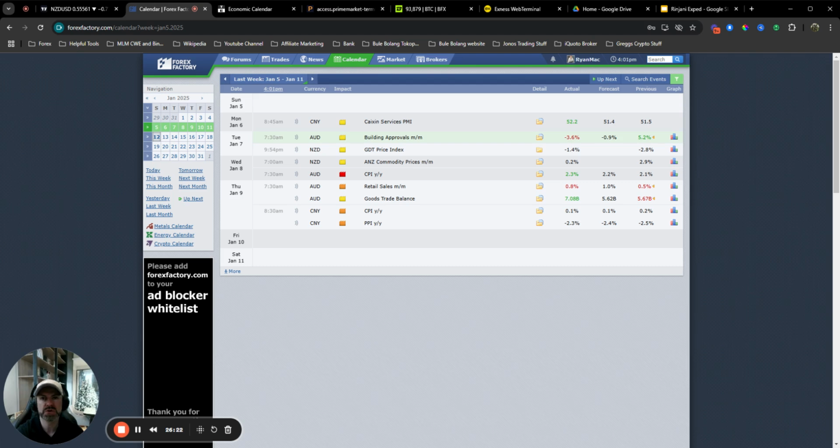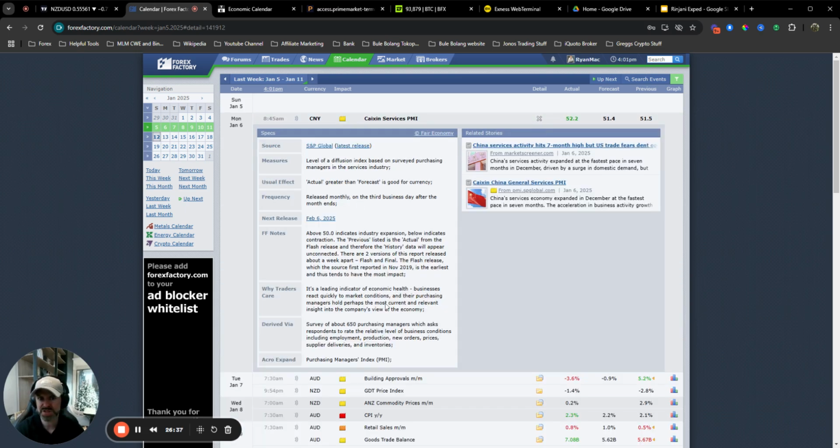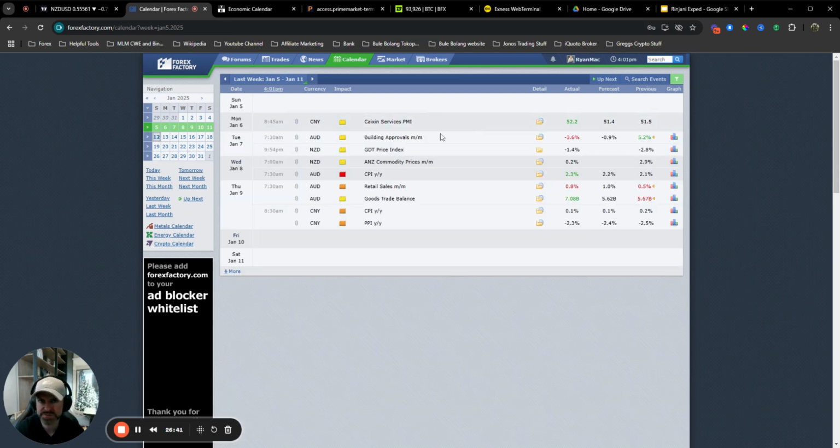So the easiest way to look at this, you don't have to remember what all that means. Like if I look at Caixin services PMI, sometimes I'm like, what is that again? It doesn't matter. You don't need to actually memorize what it does. If you forget, just click on that and it tells you. You know what I mean? That's it. You don't have to remember it. It's not going to affect your trading.